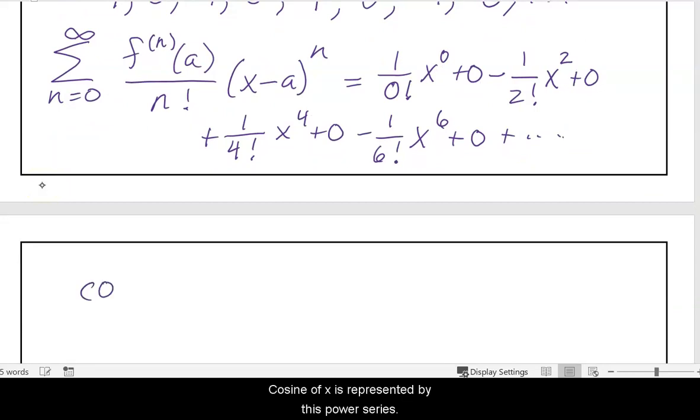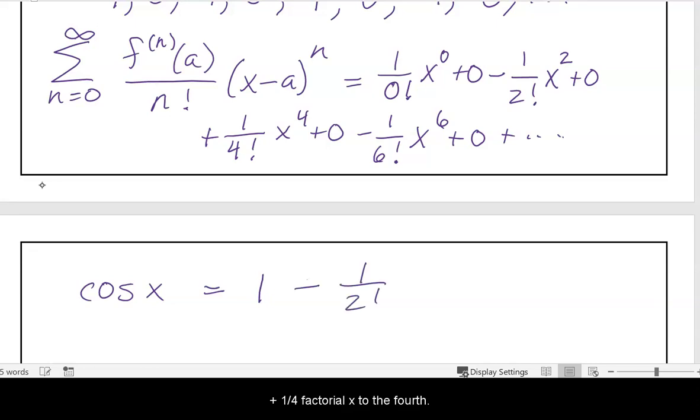So cosine of x is represented by this power series, which, well, instead of doing the power series, let's go ahead and write out the terms. So 1 minus 1 over 2 factorial x squared plus 1 over 4 factorial x to the 4th minus 1 over 6 factorial x to the 6th, and then it goes on from there.